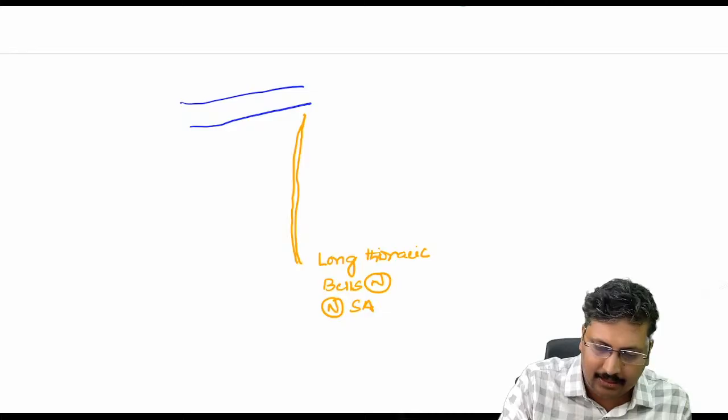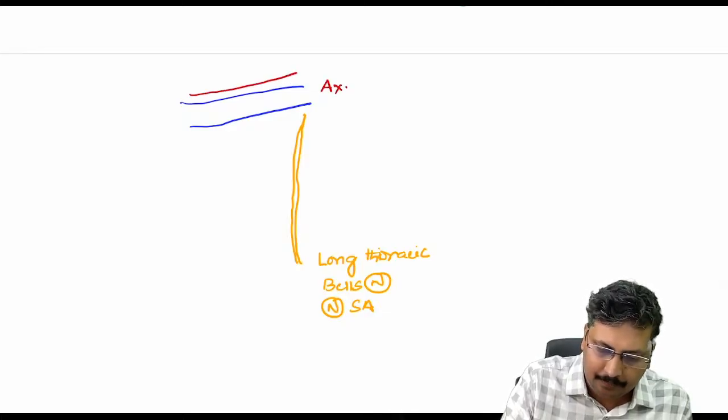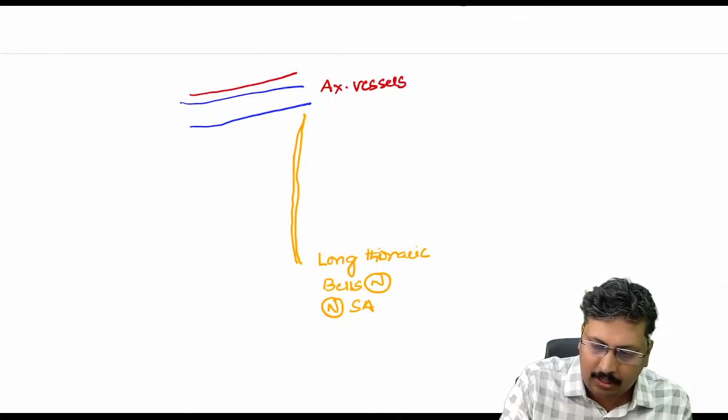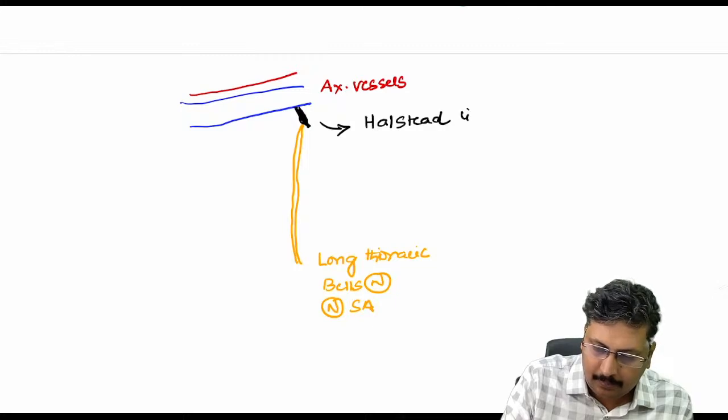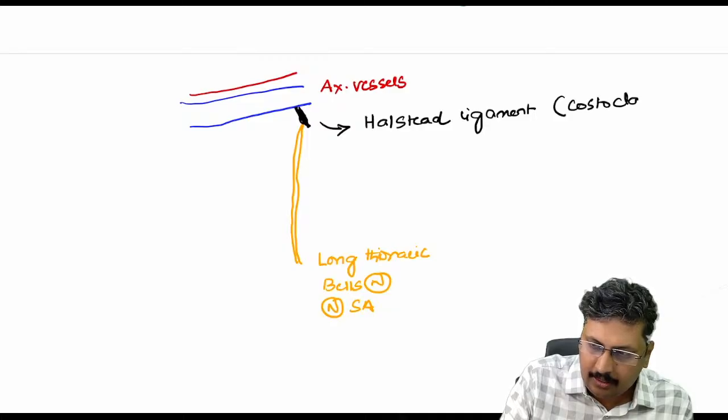So that is the axillary vein and the axillary artery, and the upper extent is nothing but Halsted ligament, also known as costoclavicular ligament.